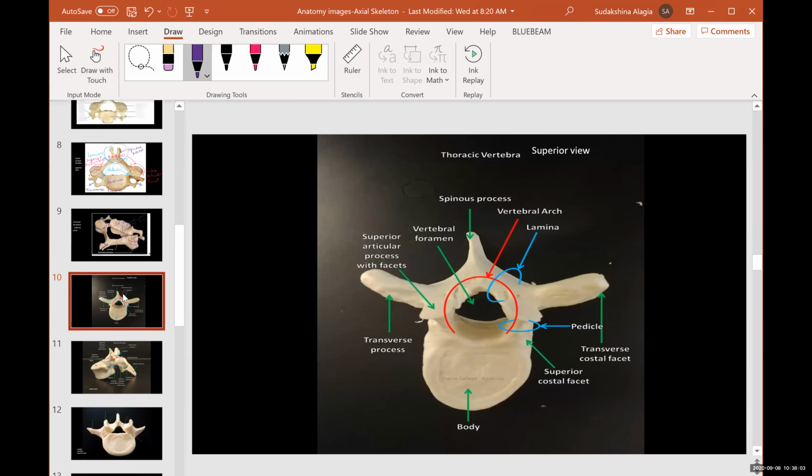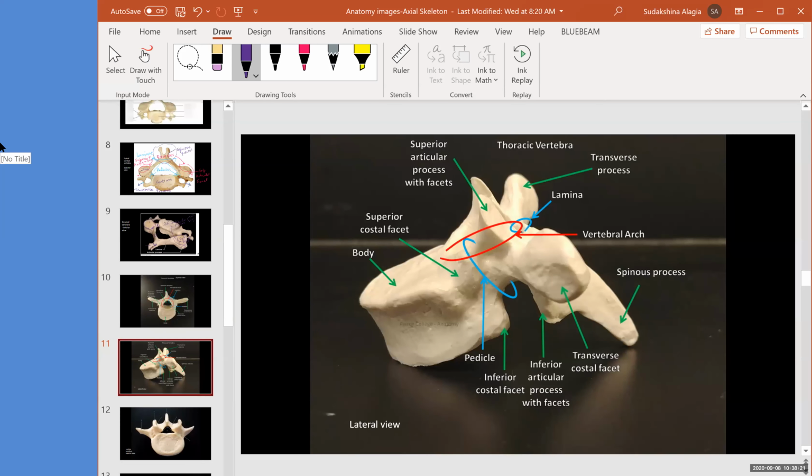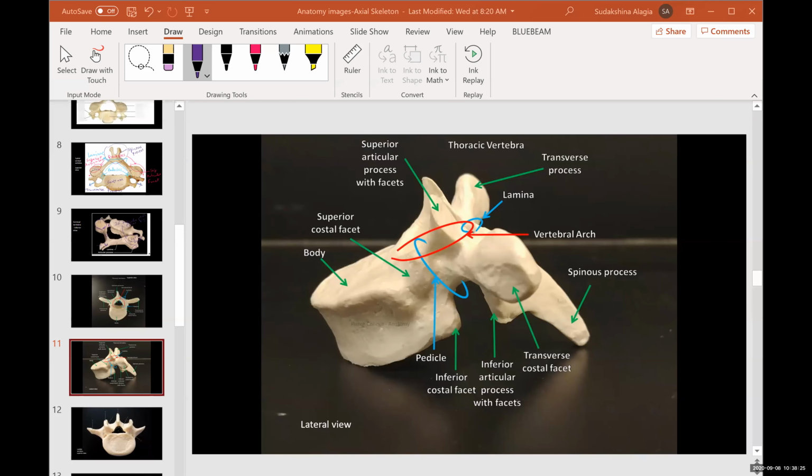So you'll see all of this in the thoracic vertebra as well. Okay, so this is like a marked picture. Facet on your list for thoracic vertebra. Yes, I do. Huh? Wait. What is this?